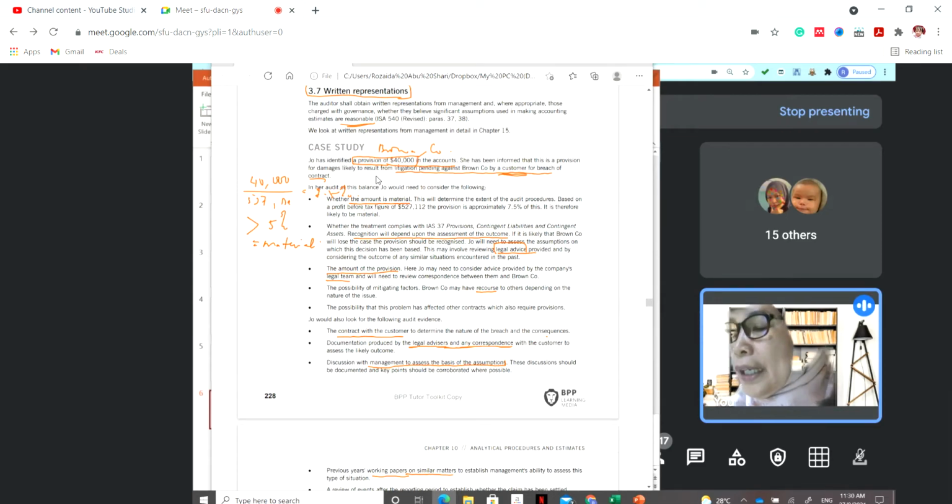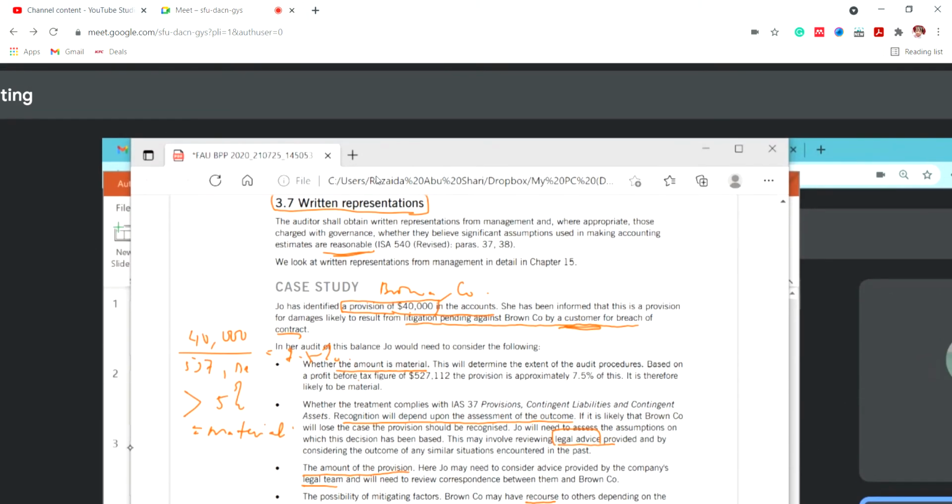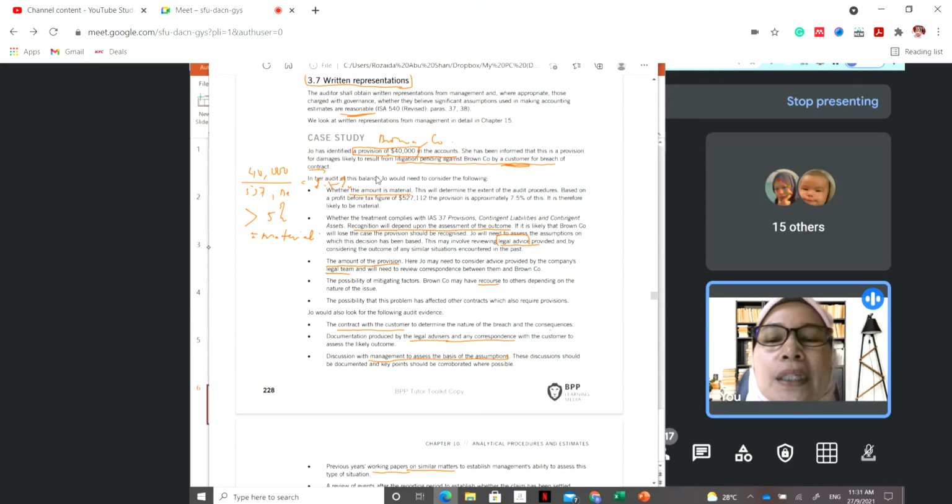Okay, dia cuma akan bagi tahu, tanya you how you are going to do the estimation. If you are given the estimation like this question, so what you are going to deal with that figure. So you check whether the amount is material, whether the treatment comply with the FRS. Okay, so itulah jawapan-jawapan yang you kena bagi.